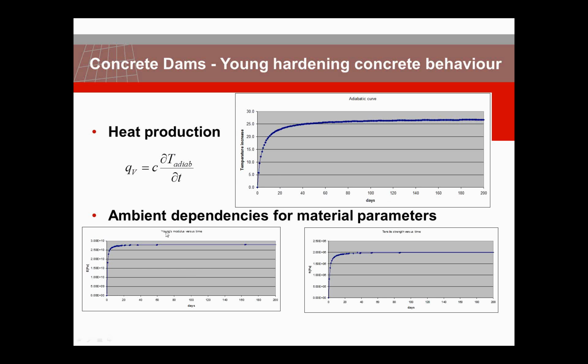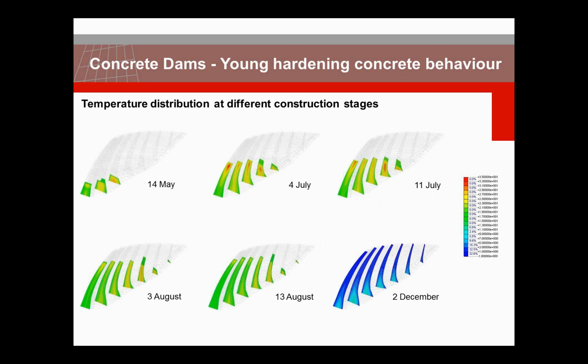In the same way we also have a curve for the Young's modulus, the development of the Young's modulus as a function of time, and also the tensile strength. So instead of a single parameter, we define a curve. And then we can calculate for the different construction phases, as a function of time, the temperature distribution. Here you see that for this huge dam only half of the dam was considered in this model because of symmetry conditions.